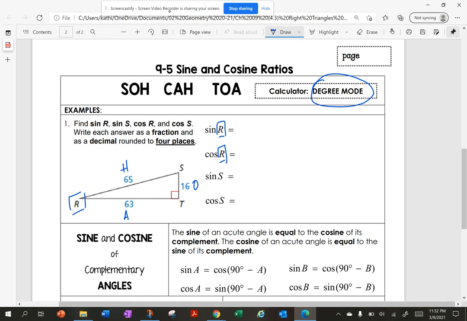So sine by definition means opposite divided by hypotenuse. So opposite is 16 and my hypotenuse is 65. And that's approximately 0.2462.